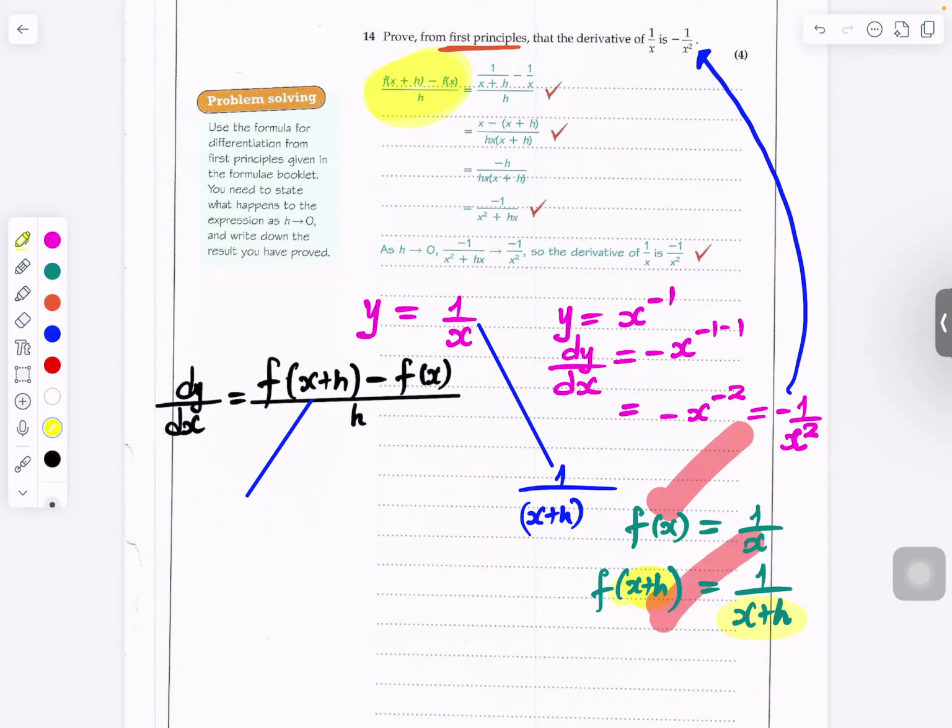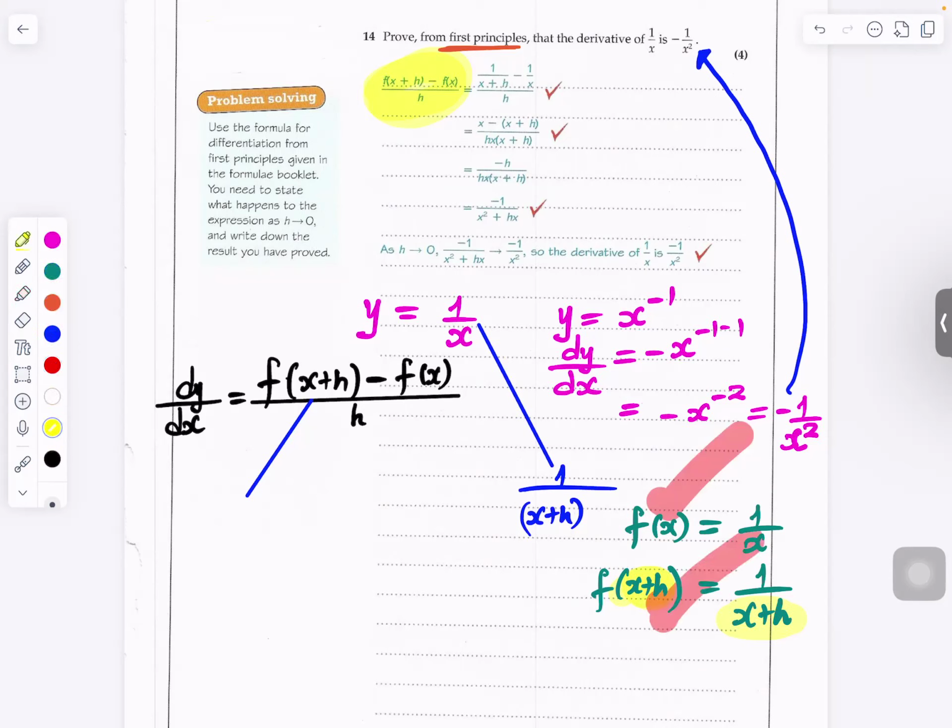But when I do fractions, I just do the numerator first. So let's deal with the numerator first. That's the numerator there. Let me put that together as 1. So I want to do 1 over x plus h minus 1 over x. So I want to subtract these two fractions.